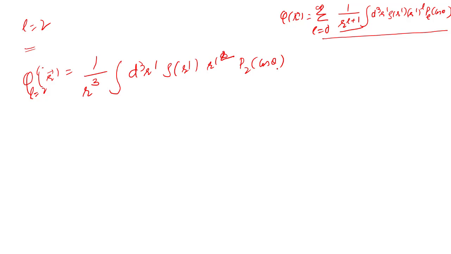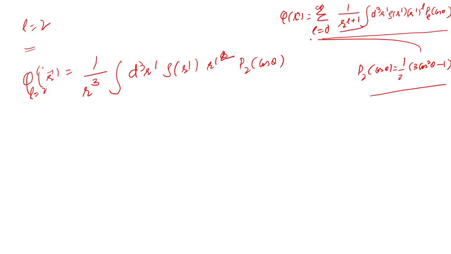And P2 of cosine theta is equal to 1 over 2 times 3 cosine square theta minus 1. That's the value. We remember that we had a generating function for the Legendre polynomials. We actually calculated what the Legendre polynomials should be, P0 of x, P1 of x, and P2 of x in the previous lecture. So if you have forgotten, go and revise that to see how P2 of cosine theta is this.